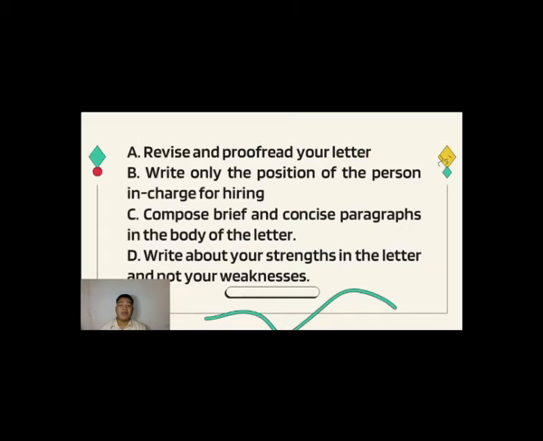B. Write only the position of the person in charge of hiring. C. Compose brief and concise paragraphs in the body of the letter. D. Write about your strengths in the letter and not your weaknesses.